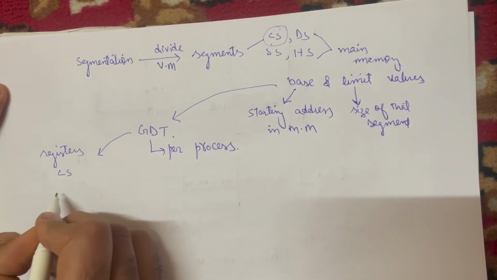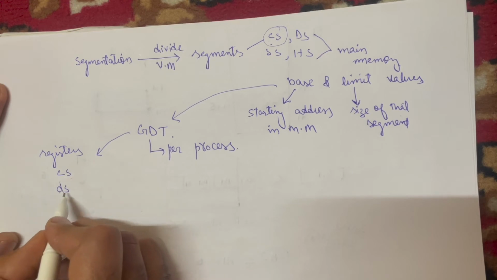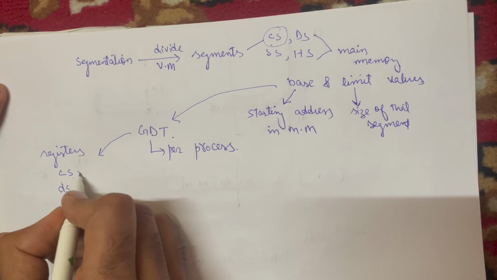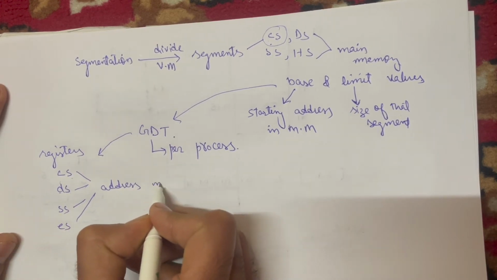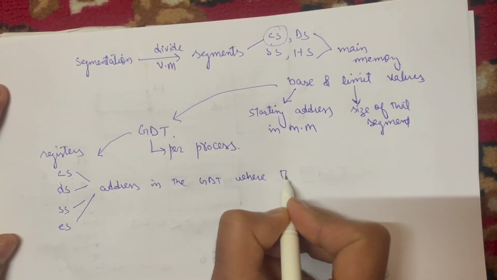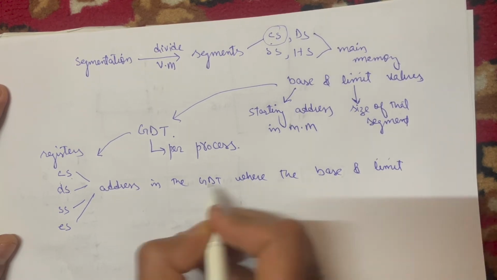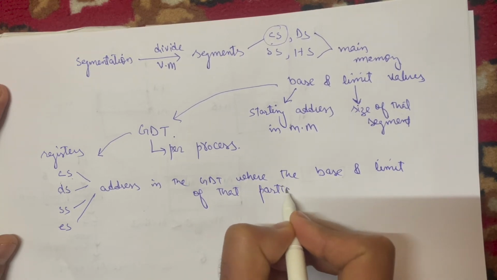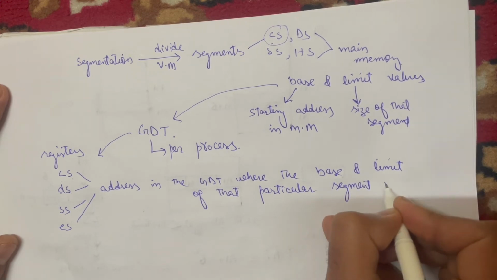One is the code segment register, then the data segment register, stack segment register, and there are many other registers. What are they storing? The address in the GDT where the base and limit of that particular segment is stored.